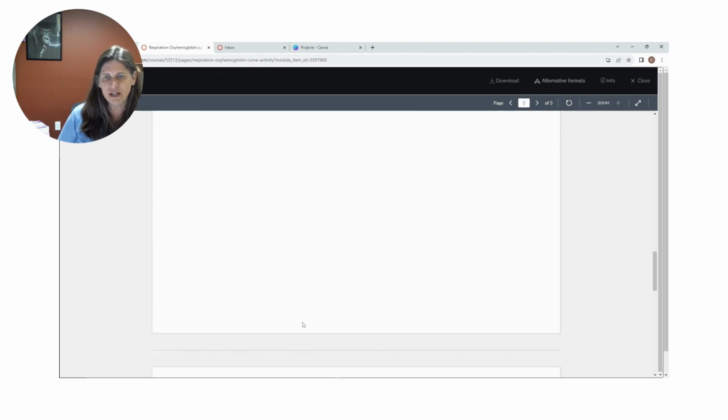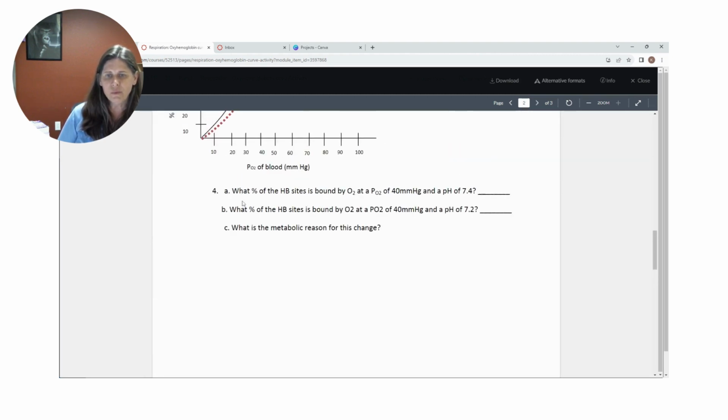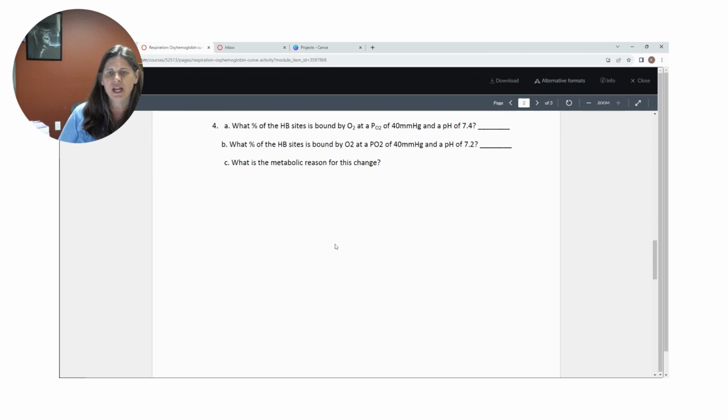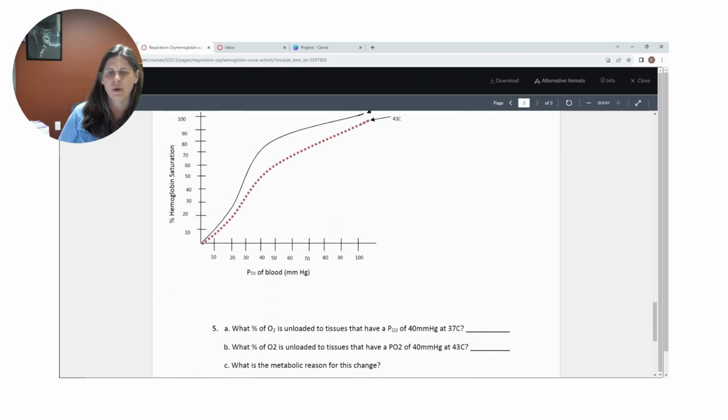Okay, look at this question though. It is different than this one. This one is asking the percent saturation. You can read that directly off the graph. This one is asking how much is unloaded at the tissues, but we first have to find out the saturation. So remember, blood heading to the tissues is fully saturated at 100%.